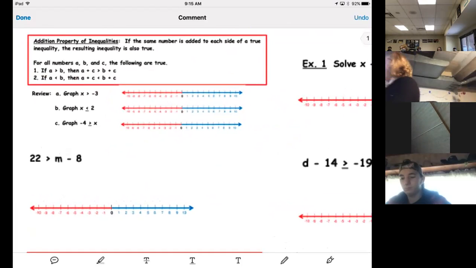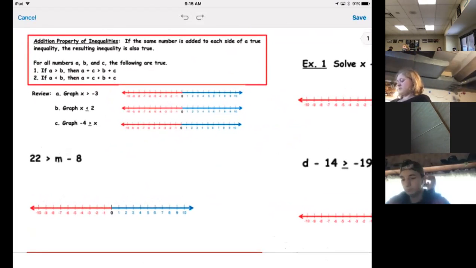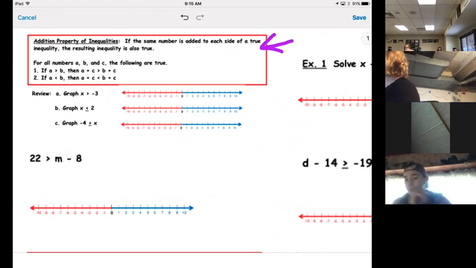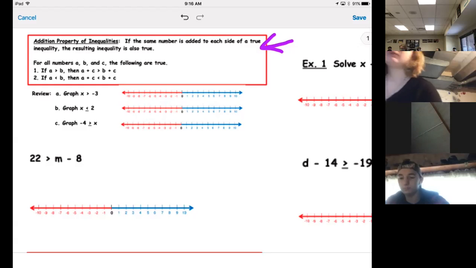So, the addition property of inequalities, right here, says if the same number is added to each side of a true inequality, the resulting inequality is also true. Okay, so it's basically saying we have that teeter-totter. If I add something to both sides, it still keeps that inequality intact.